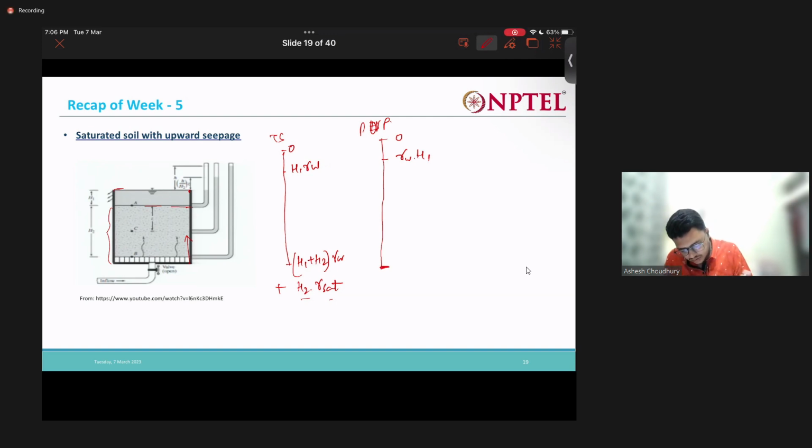And here it will be H1 plus H2 into gamma W. This is due to the stagnant water, and due to the extra head also, one more pore water pressure will be there. So H1 plus H2 into gamma W plus small h into gamma W.